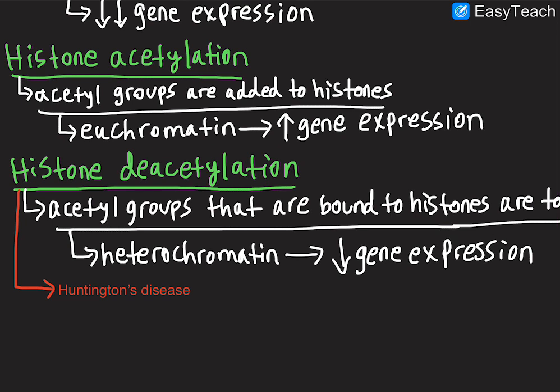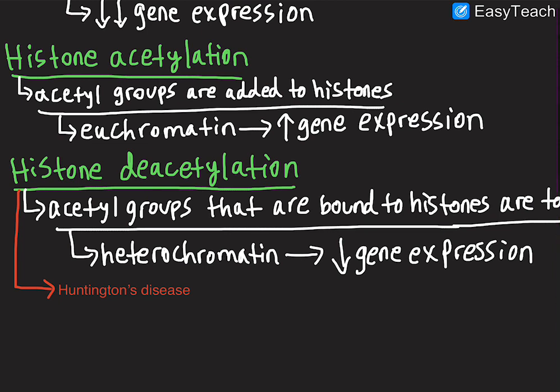And another fun thing to know that we'll talk about later, when we talk about Huntington's disease in more detail, is that sometimes there are proteins that you need to make, like relating to, let's say, the basal ganglia. And again, we'll talk about this later, but let's say you can't make those proteins needed for the basal ganglia.